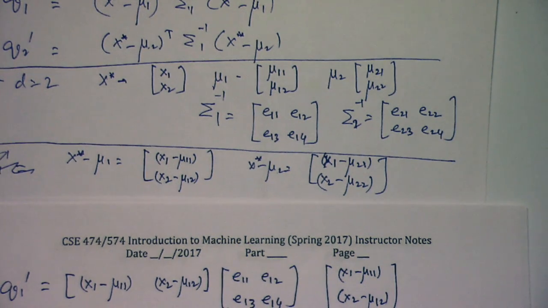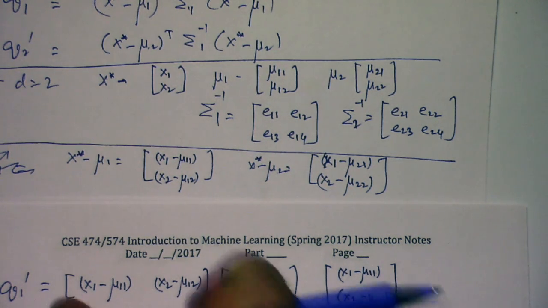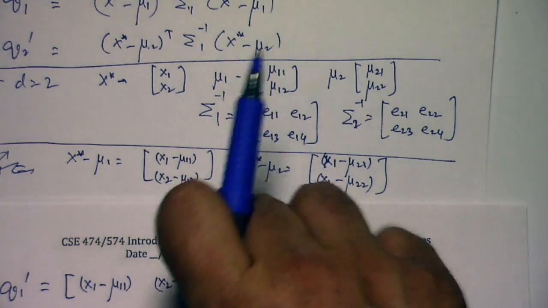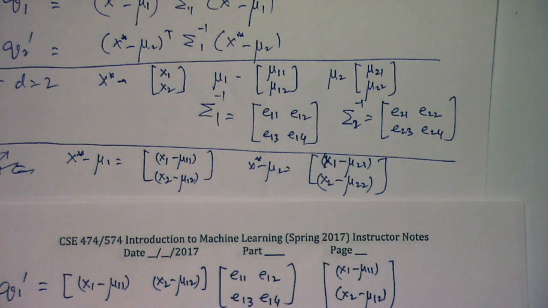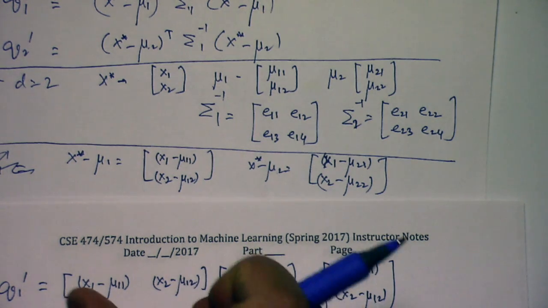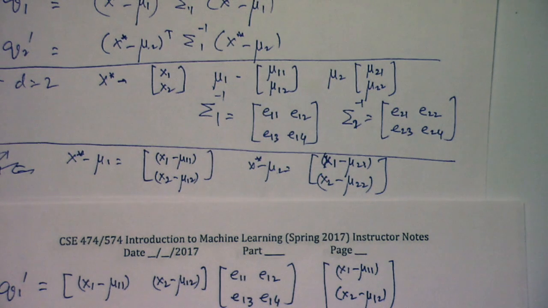And now what you can do is you can actually multiply it. So this is a 1 by 2 vector multiplied by a 2 by 2 matrix, right? In matrix multiplication, you multiply the first row with the first column, and that will give you the first element. So it will become (x1 minus mu11) times e11, the first row with this column, plus (x2 minus mu12) times e13.